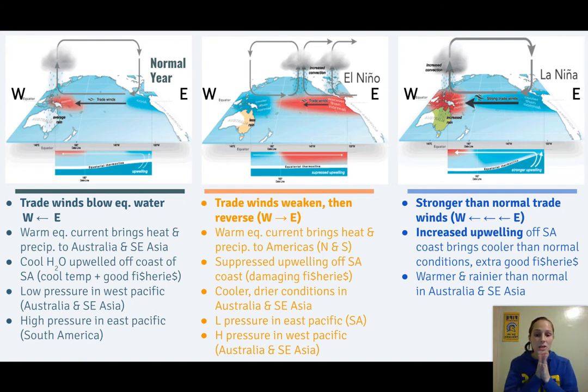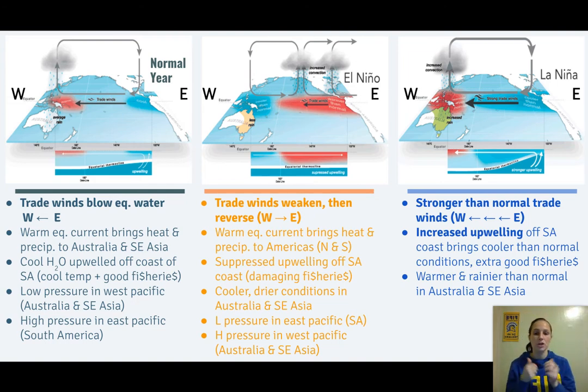And because they are so weak, we actually end up getting almost like the reverse of west to east for these currents. And what's going to happen here is, as you can see, we are going to have the low pressure areas actually over near the Americas.